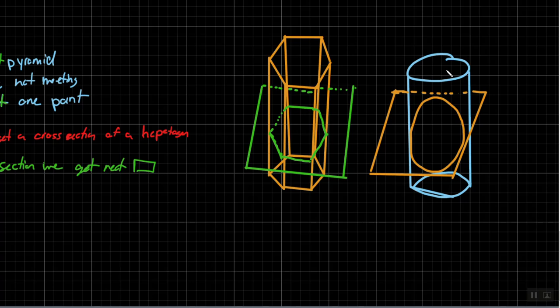This isn't flat, this is back, and this is forward. So this should be a fatter line, because it's forward, and that's the back line. So, oval.